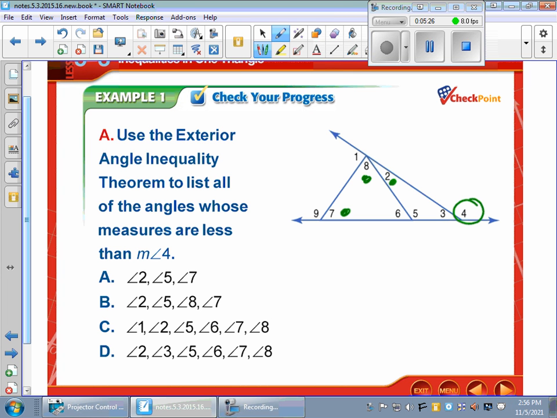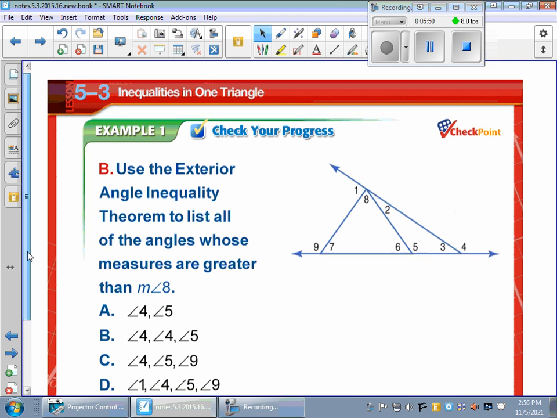And then if you think about it, you can see that angle 5 also has to be a part of that, because again, angle 7 plus angle 8 gives you that one right there, angle 5. So the final answer is B, 2, 5, 7, and 8, because angle 5 is in that group as well.